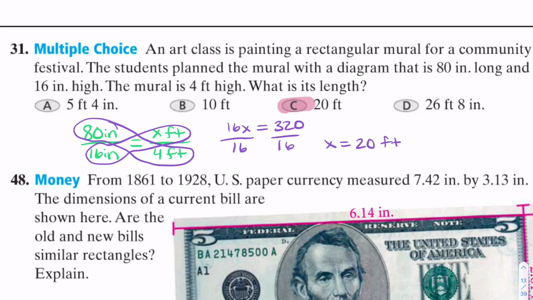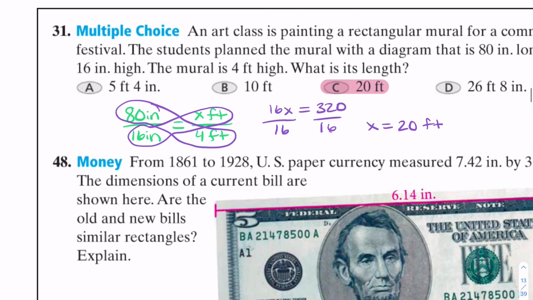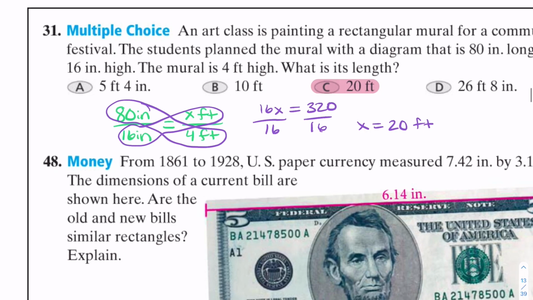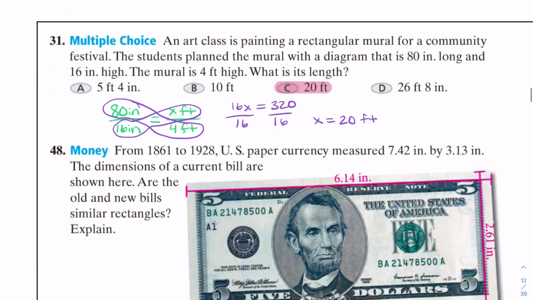So the answer is 20 feet. Again, can you convert to inches or feet? Yes, you can. But with proportions, as long as it goes in the right order, 80 inches long to 16 inches high, mural long to mural high, inches to inches, feet to feet, it all works out.